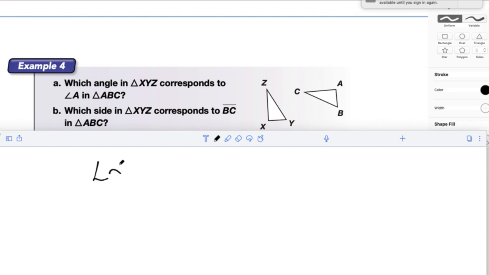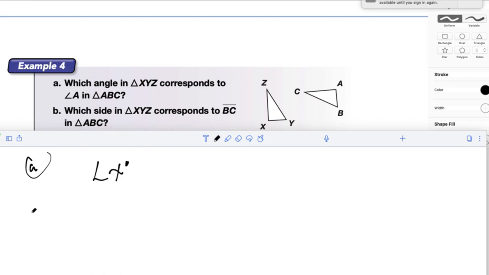So angle X is the answer there for part A. But you can also tell by the way the angle is named. If I name it XYZ and I name this one ABC, I name it according to its similarity. So the fact that A is first and X is first, it lets me know that those angles are going to be corresponding. They're the equal angles of two similar triangles.